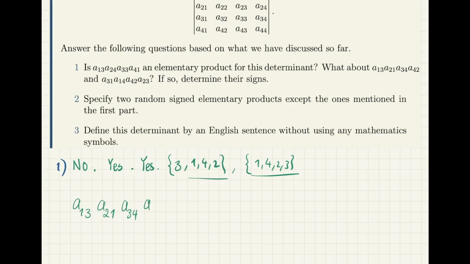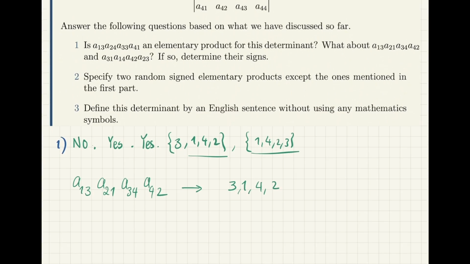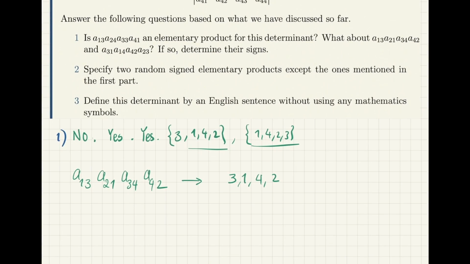When you want to determine the sign, it's very important to put the first indices in order if they are not already in that form. Then try to see what are the second indices. So the second indices are 3, 1, 4, and 2. Now I need to determine the sign of this permutation.